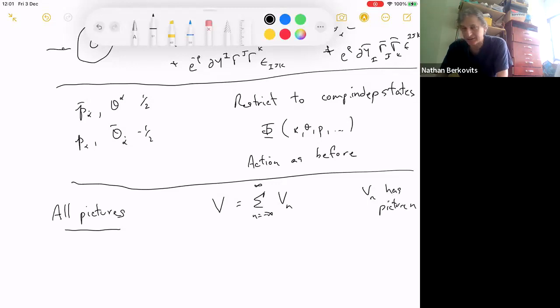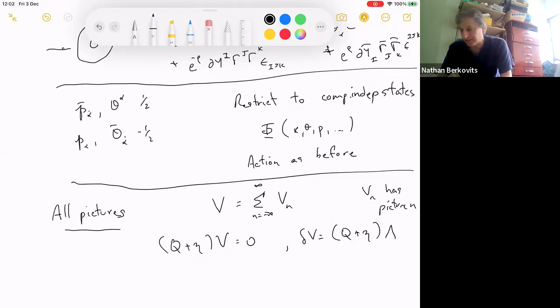Okay, so far I haven't done anything. Now suppose we want to discuss the physical states. So what we're going to say is (Q plus eta) on V equals 0. And we're going to allow gauge transformation delta V is equal to (Q plus eta) of lambda, where lambda can also carry any picture you like. It turns out this describes, at least to linearized order, the physical spectrum.